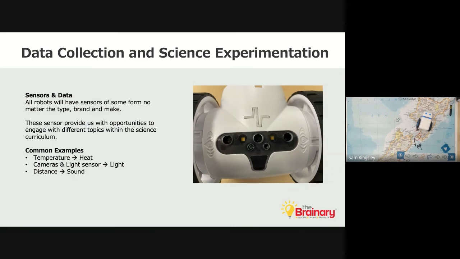science curriculum items. So a lot of robots will be having thermometers, temperature sensors, we've got cameras and light sensors, we've got distance sensors. The image that I've got up on the screen there, I've got color sensors, distance sensors within that robot there that are useful for navigation, but I can actually use those to engage with other concepts.